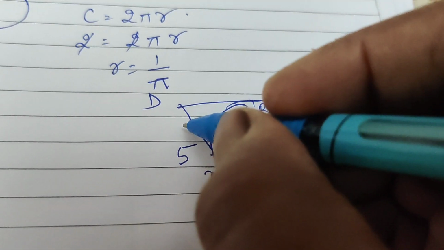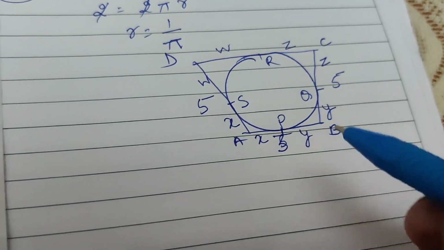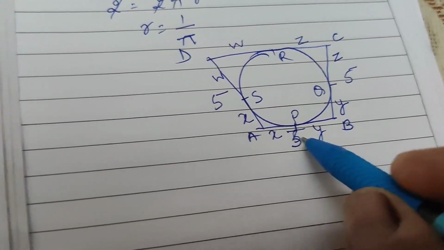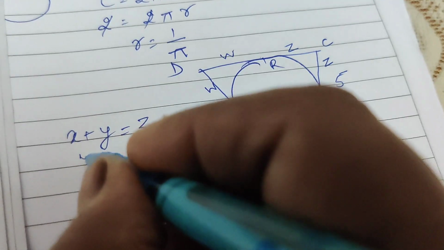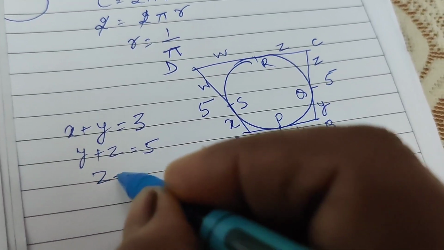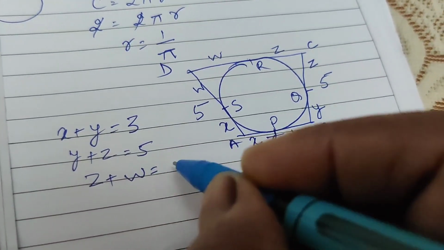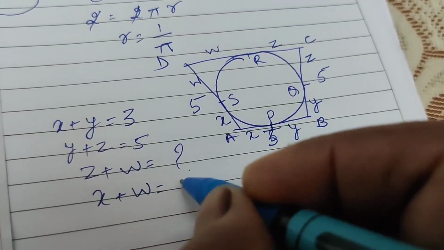And DS is w and DR is w. Now the equations: the first equation is x plus y equals 3. Y plus z equals 5. And z plus w equals 5. And x plus w equals 5.